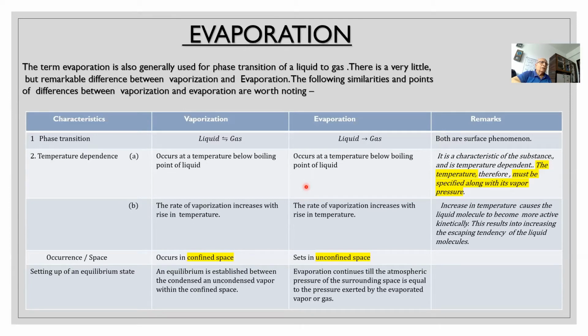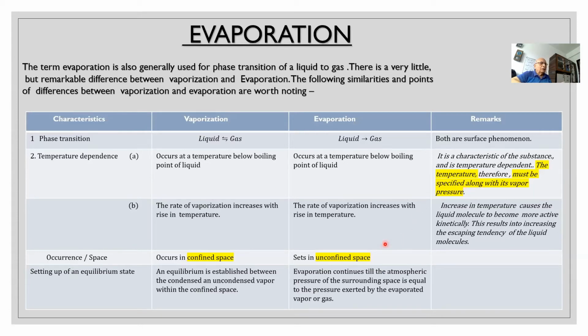Wrong. If it is an open space, it is evaporation. If in a confined space, it is vaporization. Both occur below the boiling point of the liquid, at a temperature below the boiling point.